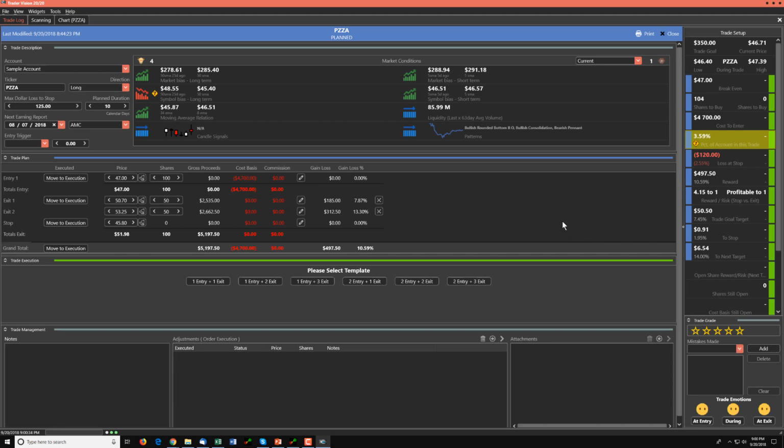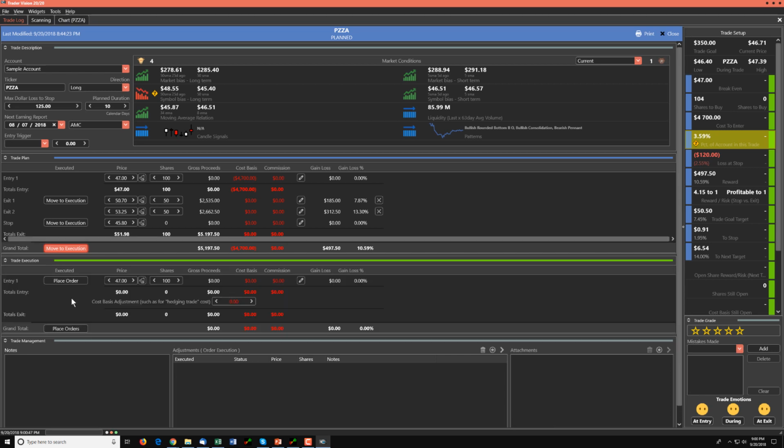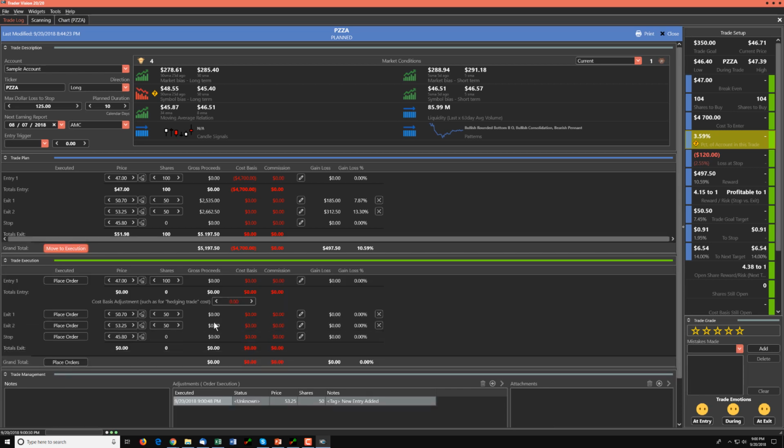And you can take notes, you can attach screenshots, as many as you want, or Excel files, or whatever else you want. And then once you move the trade to execution, it will record when you place the orders, and it will record when you change the prices and so forth.